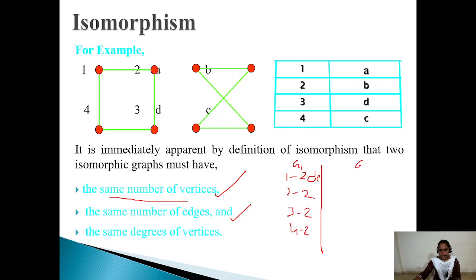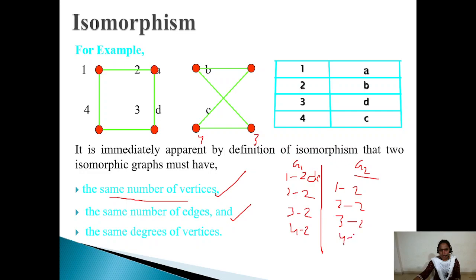Okay. Next, the G2 graph. In this graph, the first vertex has two edges. The second vertex has 2. The third vertex has 2. The fourth vertex has 2.